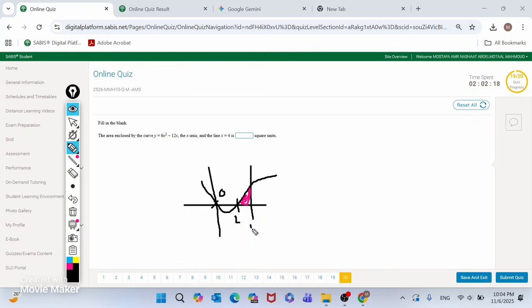And here is 4. So you're integrating between 2 and 4, the 6x squared minus 12x.